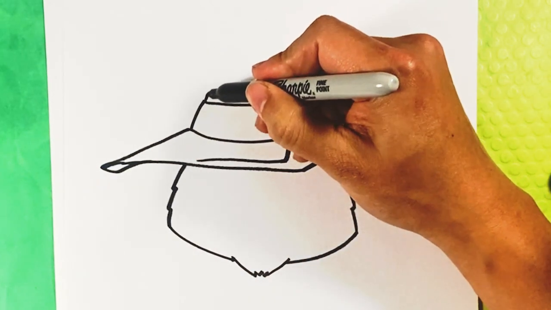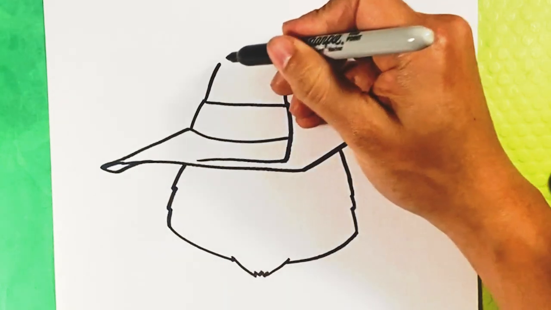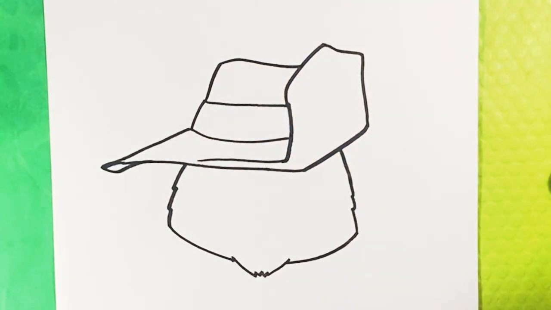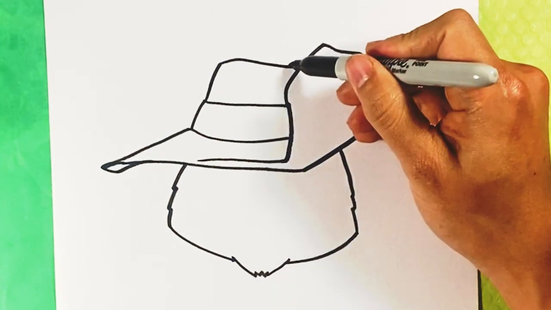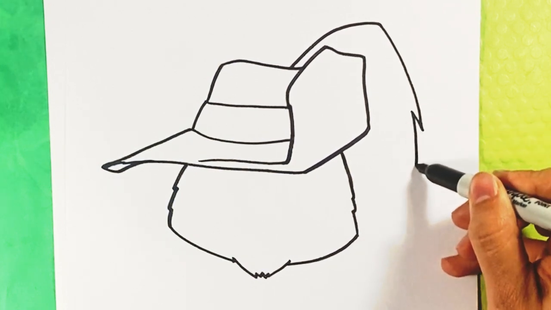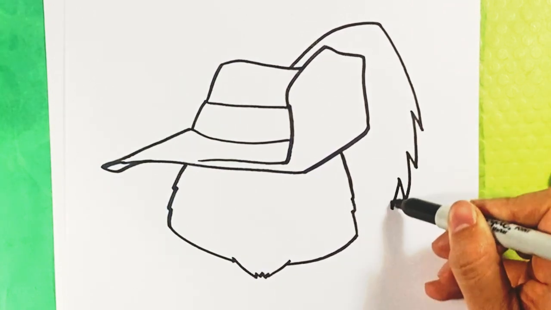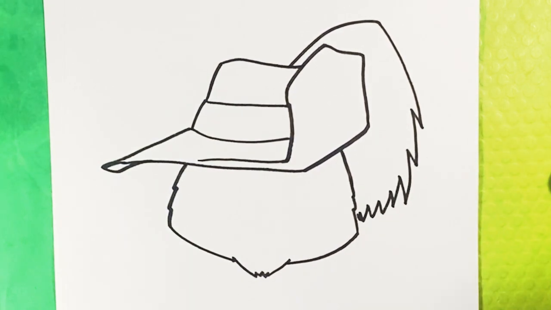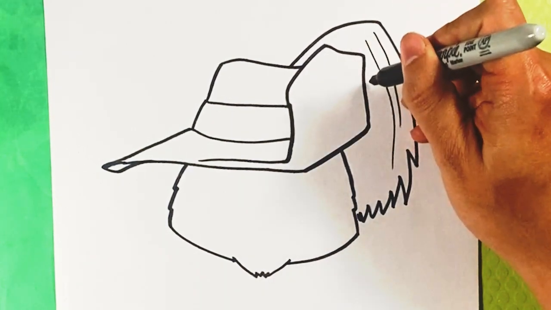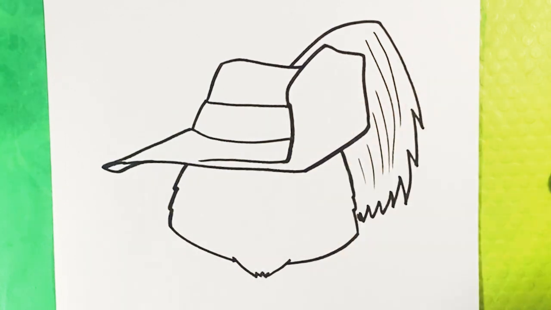So I'm going to pull up over here, curve in. Going to go around this side, pulling up, curve down for that feather that he has. Zigzagging down that. And over here I'm going to find the texture. Thin lines pulling down in the same direction for that feather. Right there, it's hanging off.